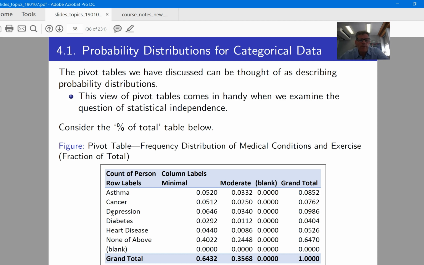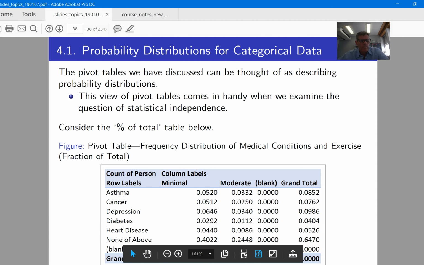Before we had just the number of people in each category and some percentages, but now we've turned these into probabilities, to fractions of 100 or fractions of 1. And that's because we want to convey the idea that these numbers here are actually probabilities. So, for example, there is a probability that a particular individual has asthma and they engage in minimal exercise.